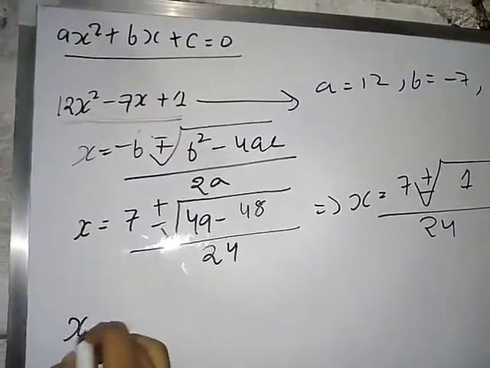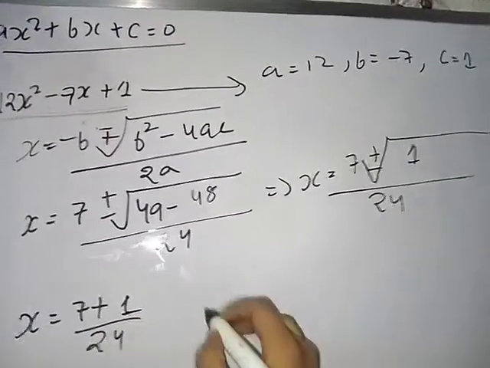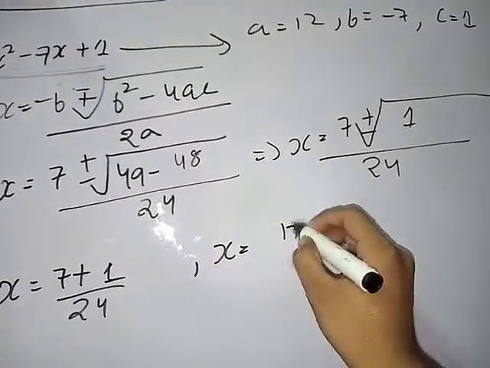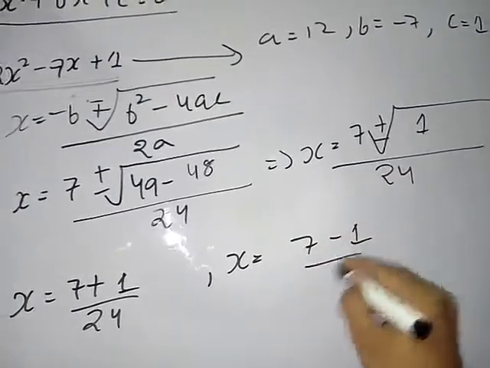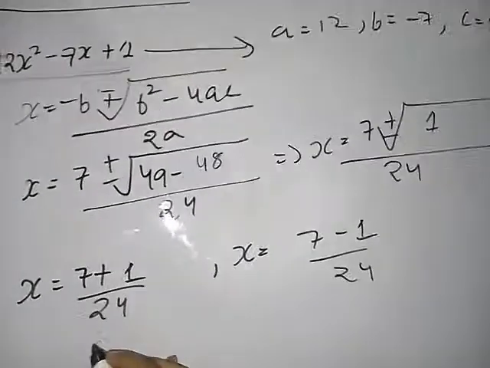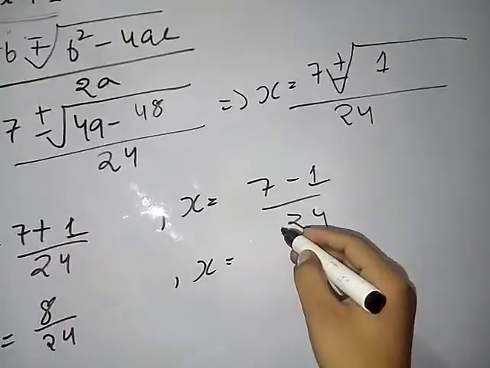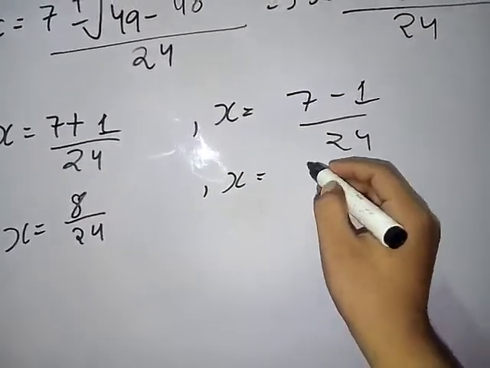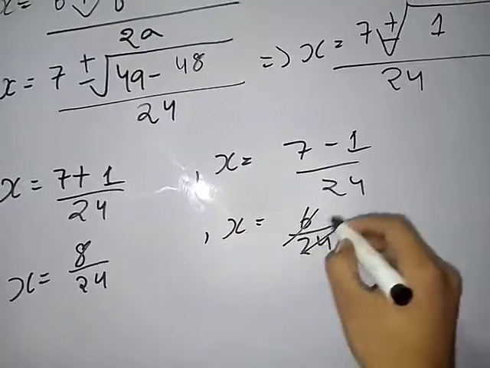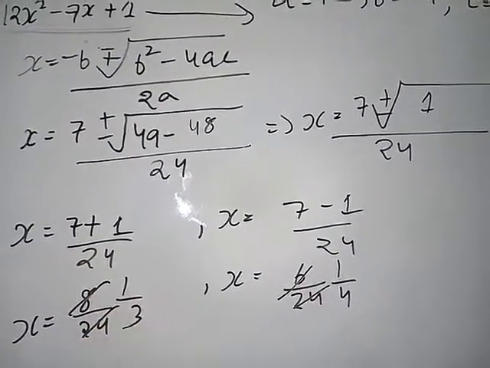So one time x equals 7 plus 1 upon 24, and one time x equals 7 minus 1 upon 24. So x equals 8 upon 24, and here x equals 6 upon 24. So it is 1 by 3 and it is 1 by 4.